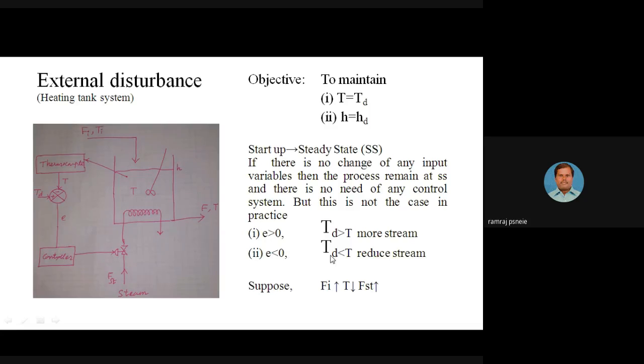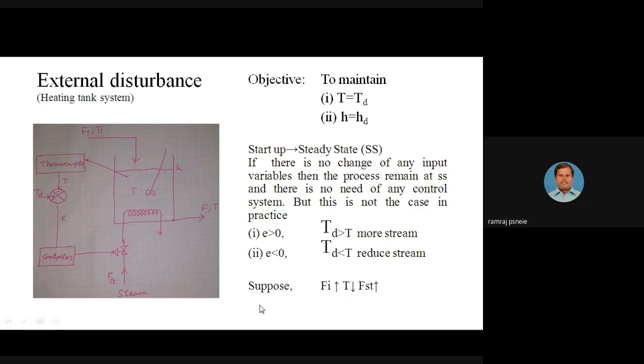Then the second case is E less than 0. At that time, the desired value of temperature is less than the measured value of temperature in the tank. That time, the valve should be closed to reduce the flow of steam to the tank.